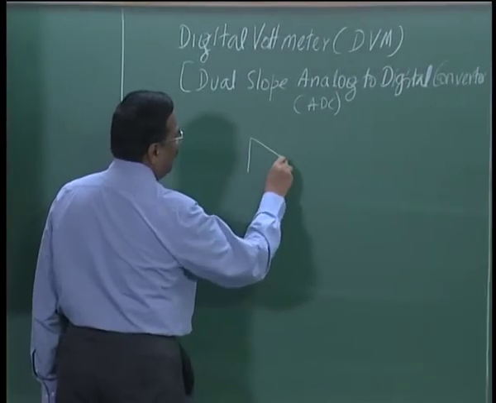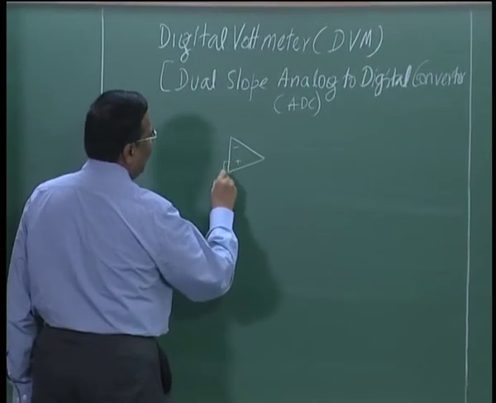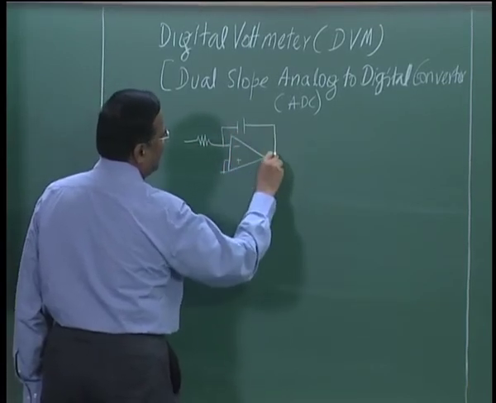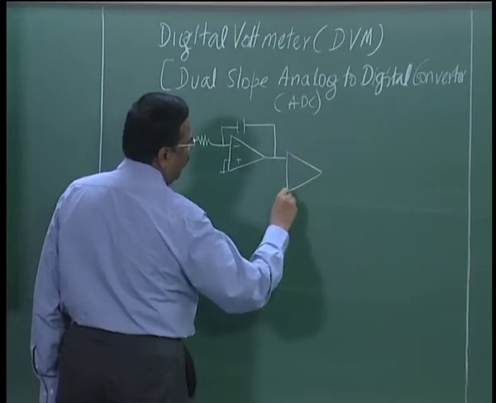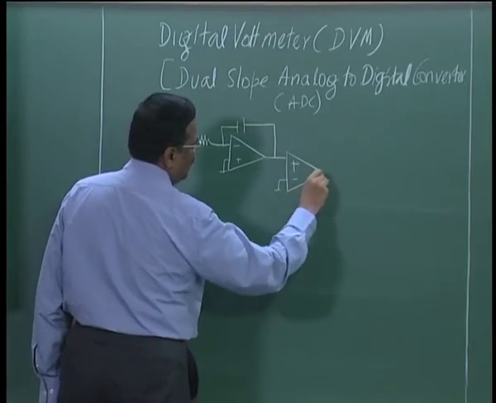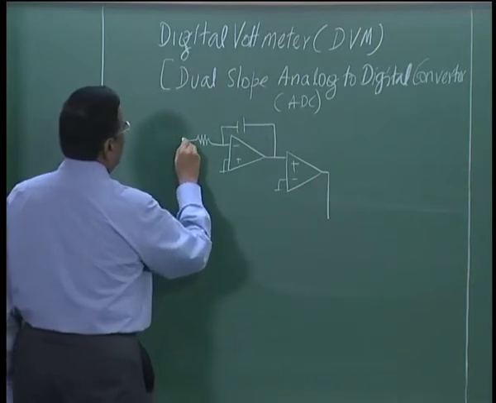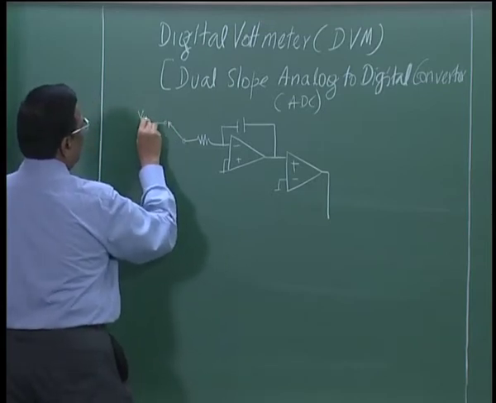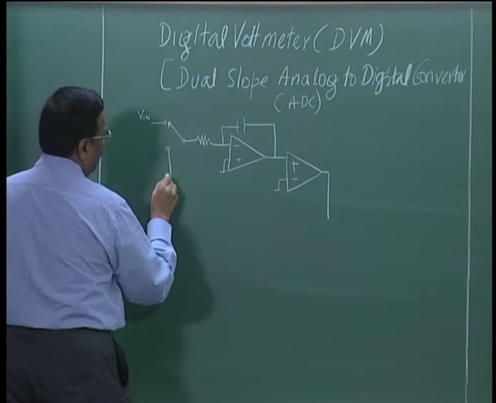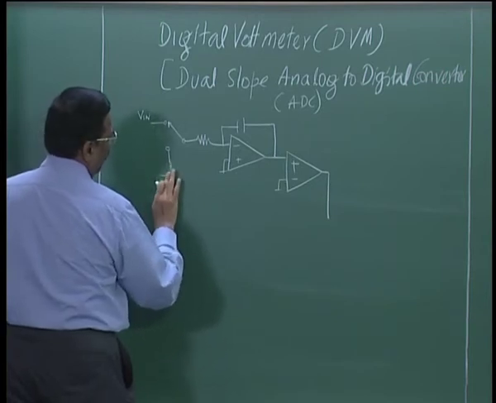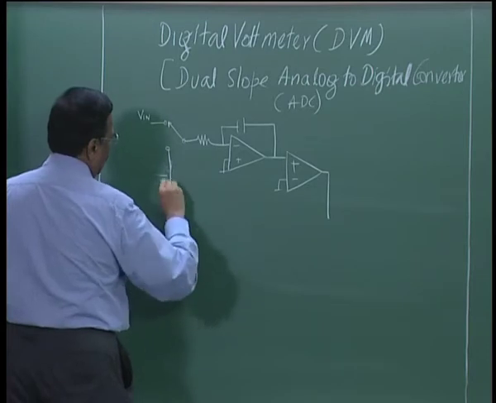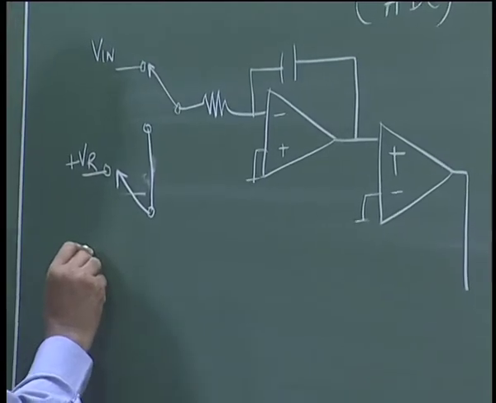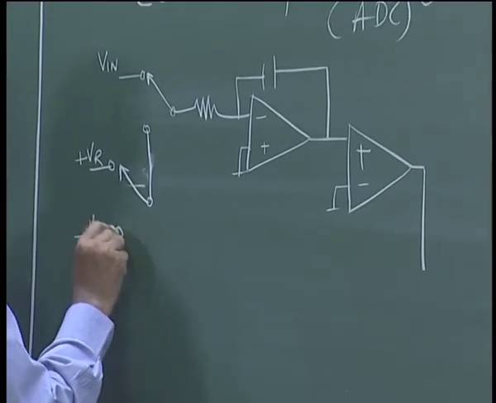The analog part of the ADC is very simple. We have an op amp integrator and an op amp comparator. The integrator input is switched to V in or to either plus V reference or minus V reference by two switches.